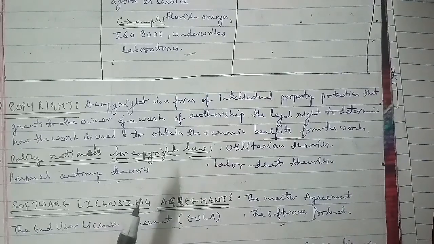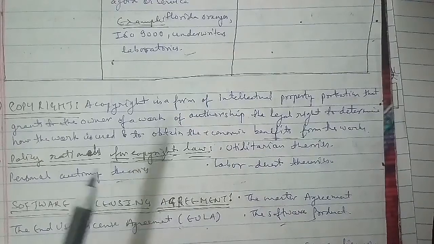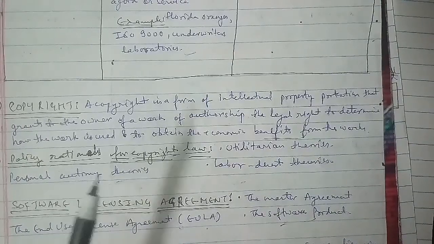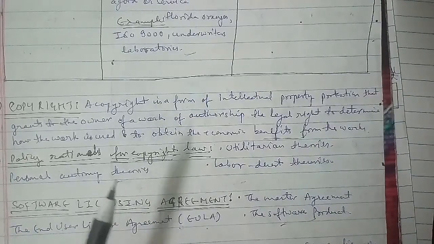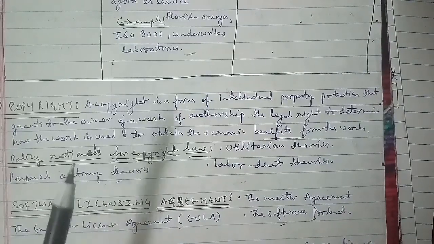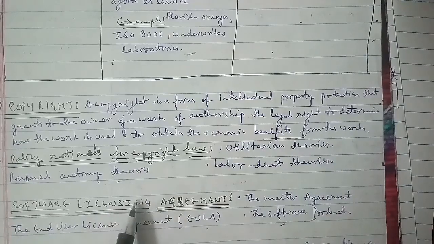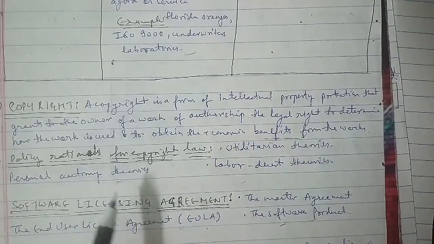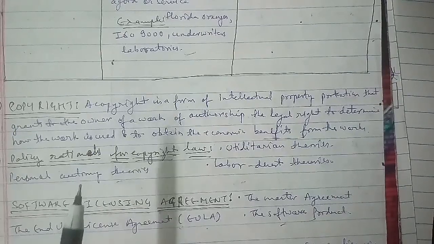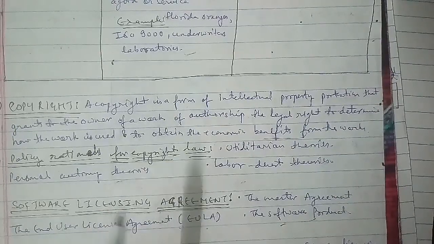We discussed intellectual property law, copyright law, and the software license. We started with this, and we'll discuss the types of licensing agreements in detail in the coming classes. The semiconductor law and the patent law are left, and after that we'll end with cyber security, which also plays an important role in competitive exams.